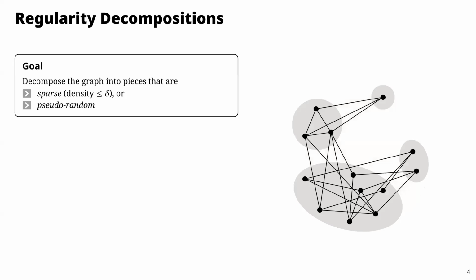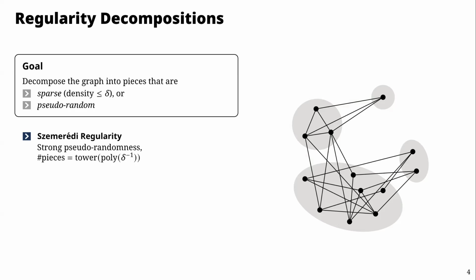Now, this has been a famous topic ever since Szemerédi's regularity lemma, which is the seminal result in math, and which gives you a very strong pseudo-randomness guarantee. It says every graph can be decomposed into pieces that are either pseudo-random or sparse.